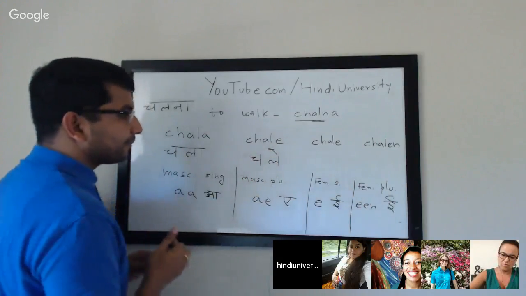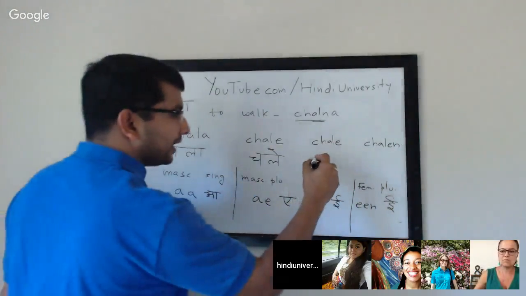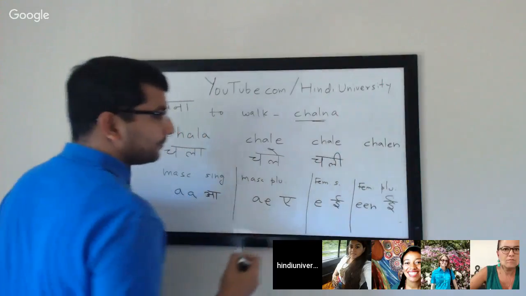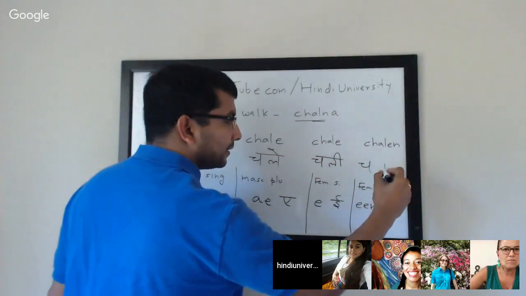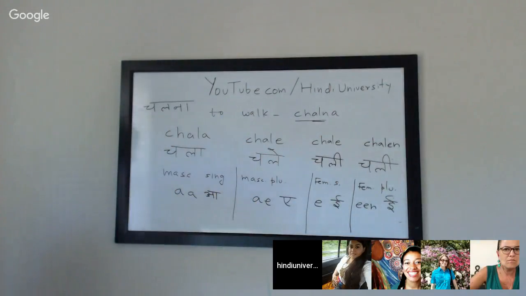Chale, hum chale. And then chali, as you know, it's straightforward, cha and then li. And the last one is cha and then li with a dot because there is a nasalized sound. Chaleen. Okay.